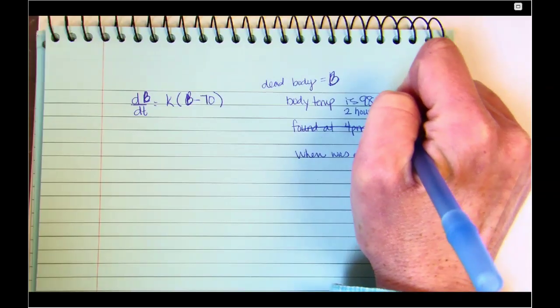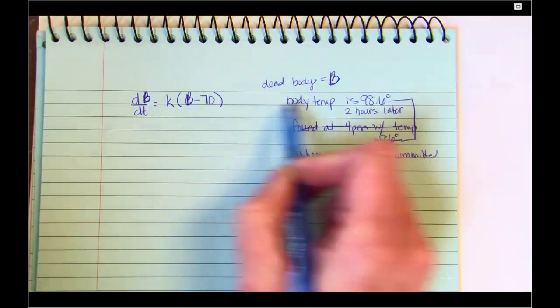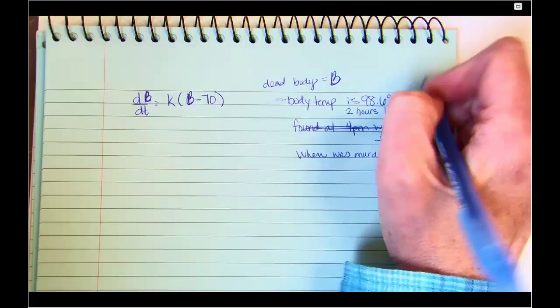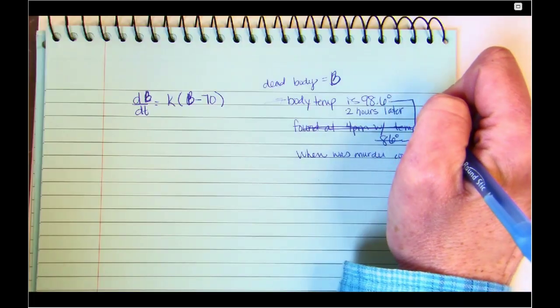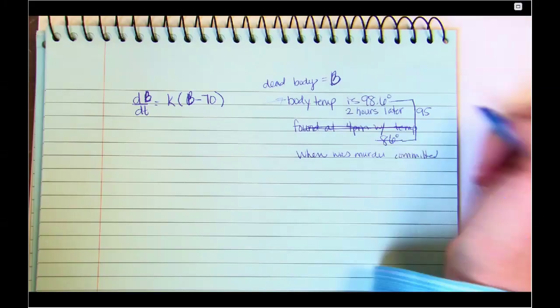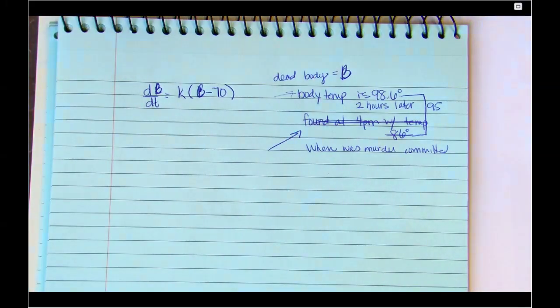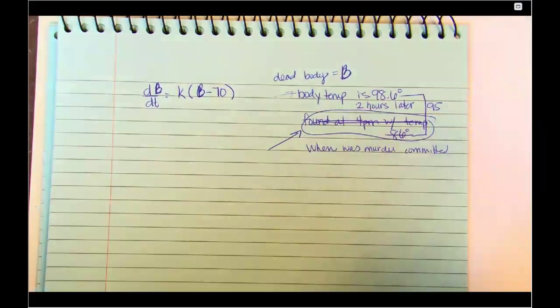Alright, can we just restart the whole problem? No, because if you found your C, you're good. So let's go 2 hours later, the body temperature is 95. Okay, then go with what I gave you. 4 p.m. Wednesday?